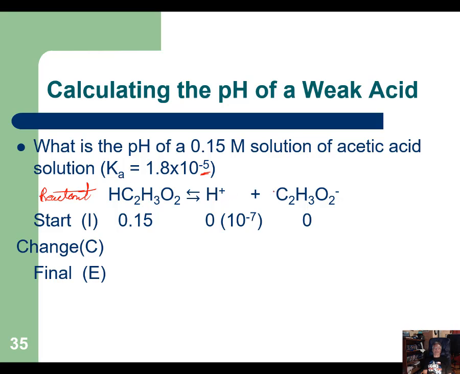That tells us that we have very few products over here on the right hand side, and that most of our acid is going to remain as molecules, and that's the way most weak acids exist in solution. They exist as primarily molecules. Well, actually, they all exist primarily.